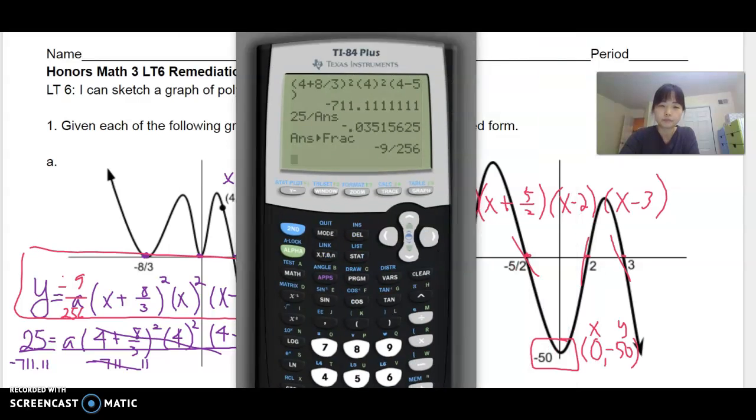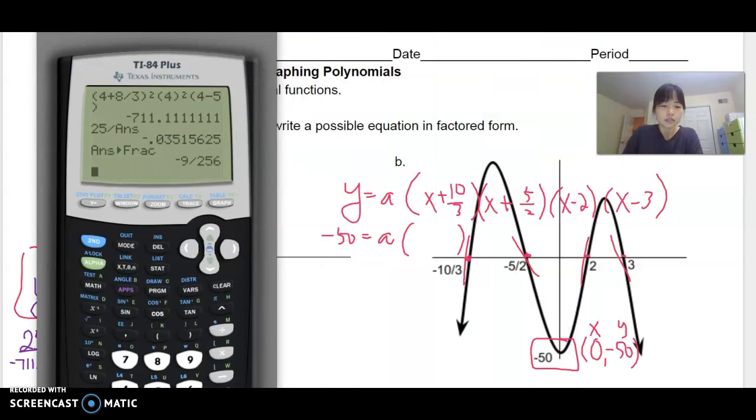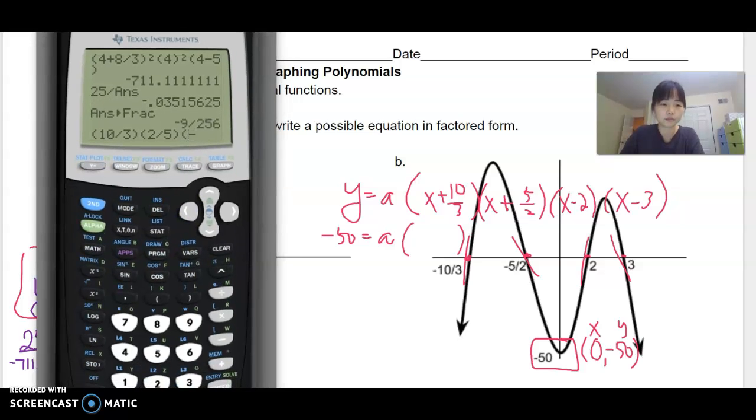Let's see what we end up with. 0 plus 10/3 is 10/3, times 2/5, oh, 2/5, times 0 minus 2 is negative 2. Oh no, that's not negative. Negative 2.